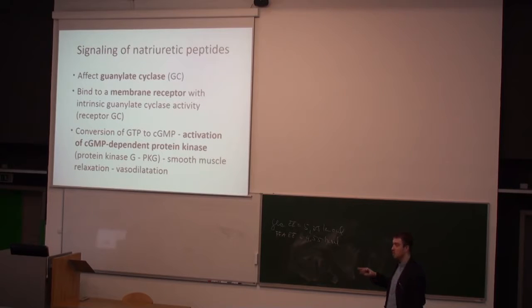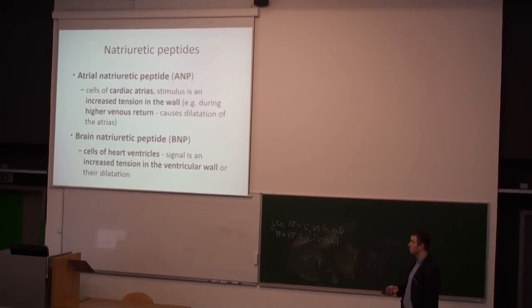The question is why and when these hormones do their action. So the question is, what's the stimulus for their secretion? We have these hormones, one produced in the atria, the second produced in the ventricles, but the signal for their secretion is the same.